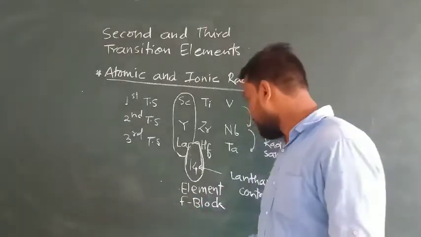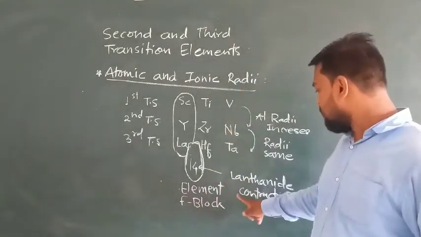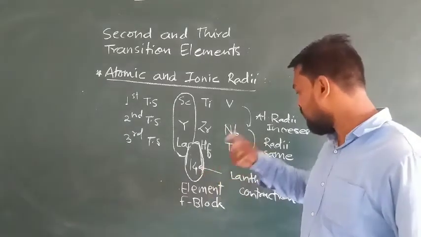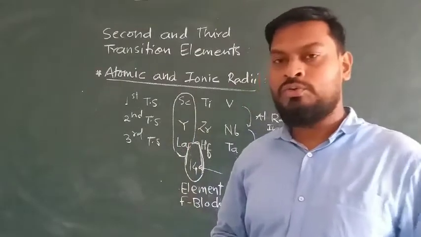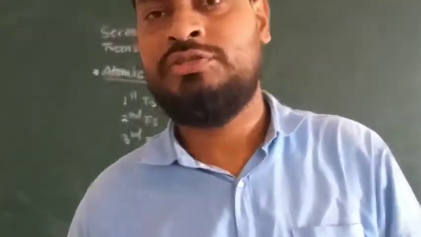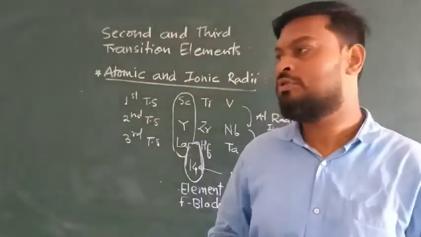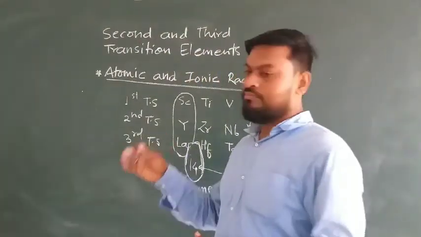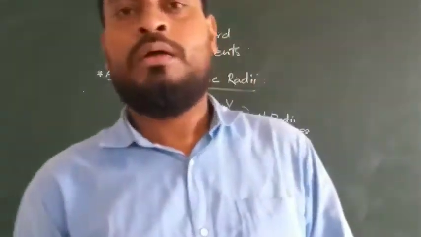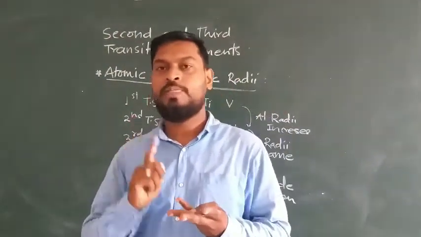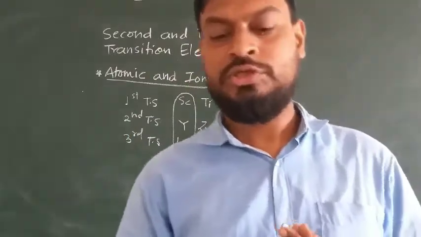Alright, because of this lanthanide contraction, they will know that you know this lanthanide contraction. So the theory behind this is lanthanide contraction. So that was the atomic and ionic radii of second and third transition series.